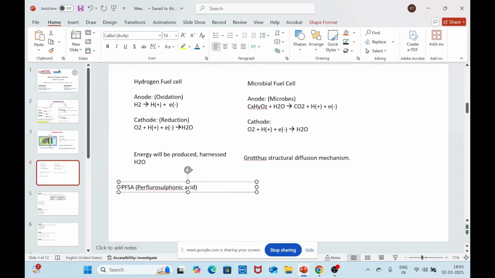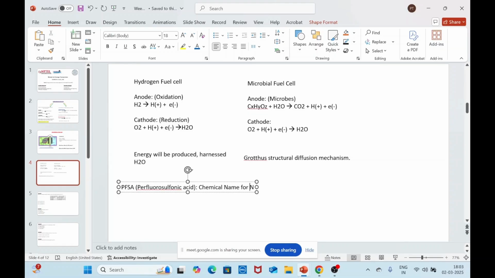So PFSA, the perfluorosulfonic acid, is the chemical name for the Nafion membrane.